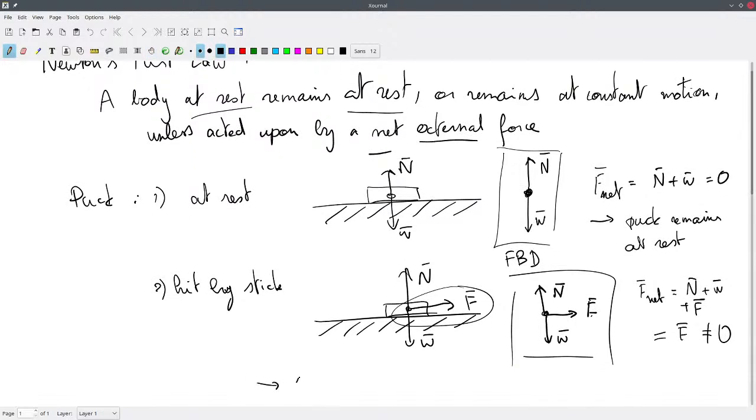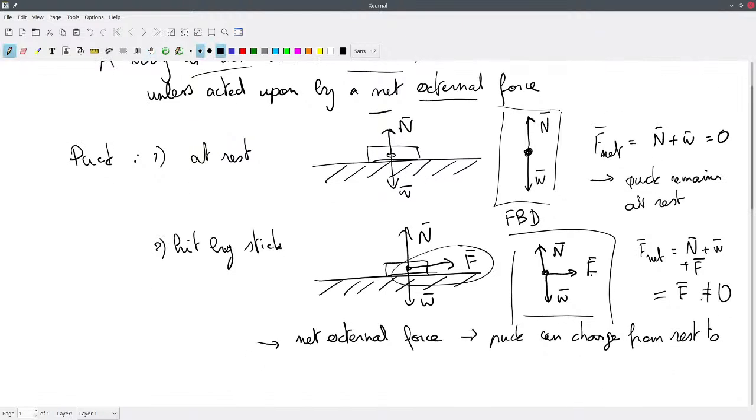So in this case, there's a net external force, so the puck can change from rest to being in motion.